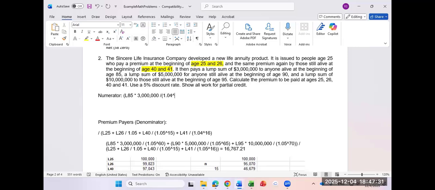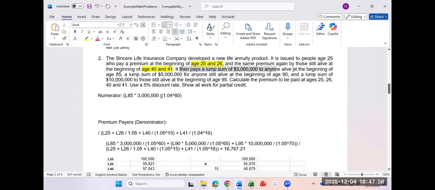Here, they're alive. 85 minus 25, what do you get? It's going to be 60. Why isn't it 61? Because it's an L, it's not a D. Okay, everybody getting that? So 85 minus 25 is 60, and because it's an L, it stays 60. If it were a death benefit, we would make it 61.